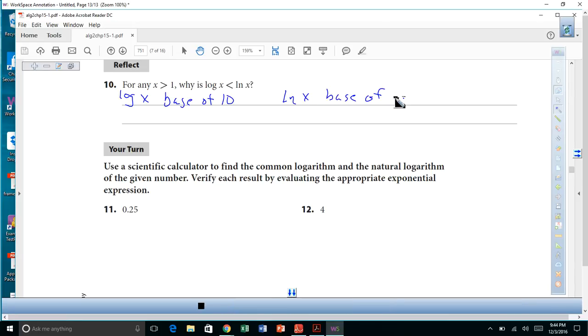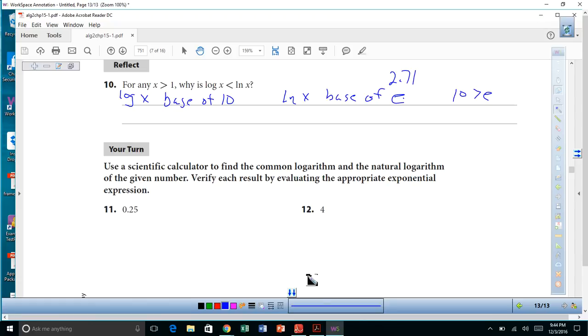What is e? E is 2.71 and so on, right? Well, 10 is greater than e. So the number to which 10 is raised to obtain x should be less than the number to which e is raised to obtain x.